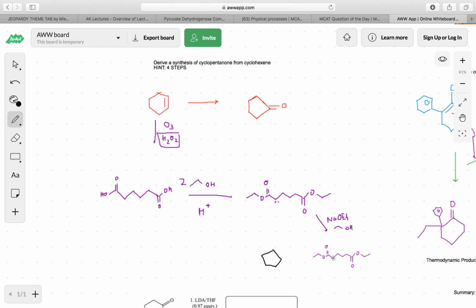And on this first carbon, we're going to have our ester still sticking off. So this is carbon number 1. Now, carbon number 1, 2, 3, 4, 5. So we know if we have this 5th one, we're going to have to do addition elimination.